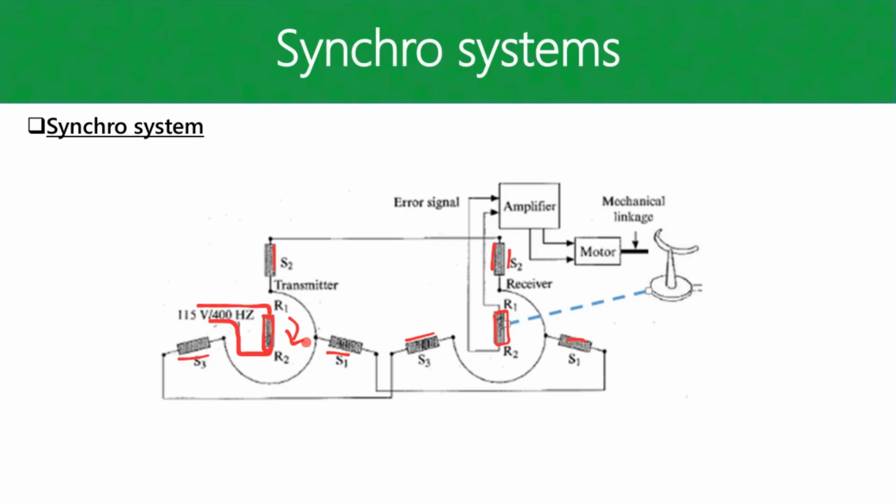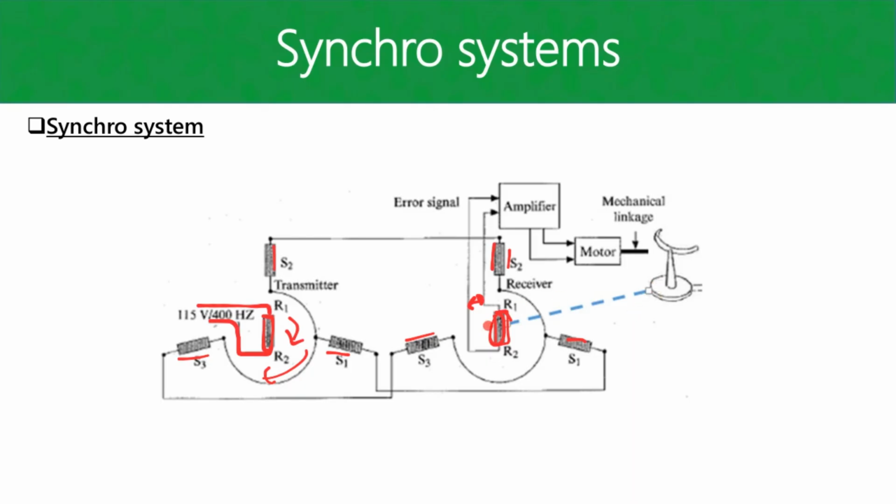We rotate it a little bit so that we can point our turret in a different direction. Then this is going to cause a difference in voltage across the moving coil here, and that's going to go through the amplifier. The amplifier is then going to drive a motor circuit. That motor circuit is then going to, through a mechanical linkage and gearbox, rotate your turret.